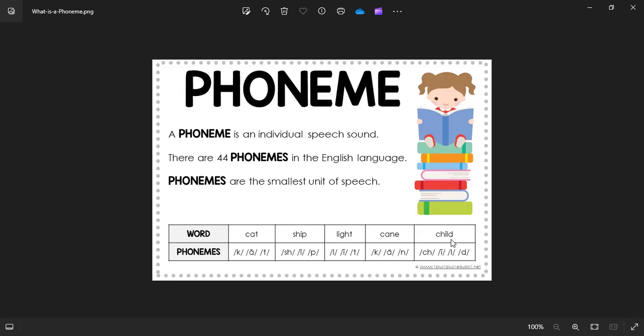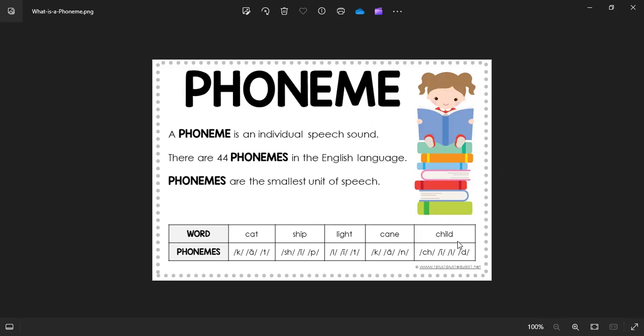Then I have child. For child, I can say CH, all together one sound. Letter I, one sound. Letter L, one sound, and D, respectively. So I hope you understand what phonemes and graphemes are.